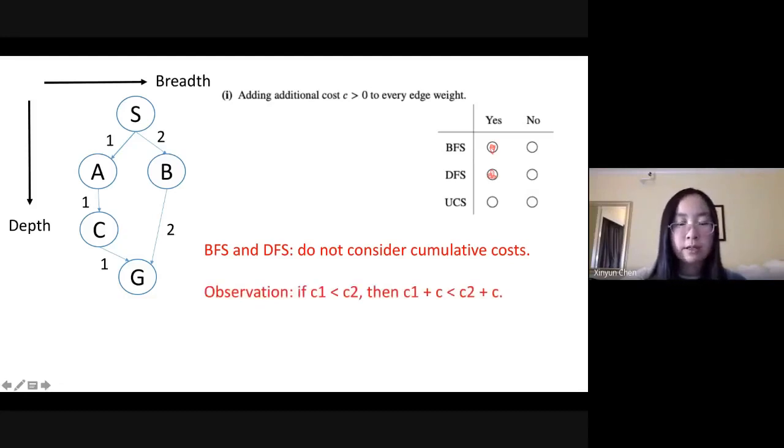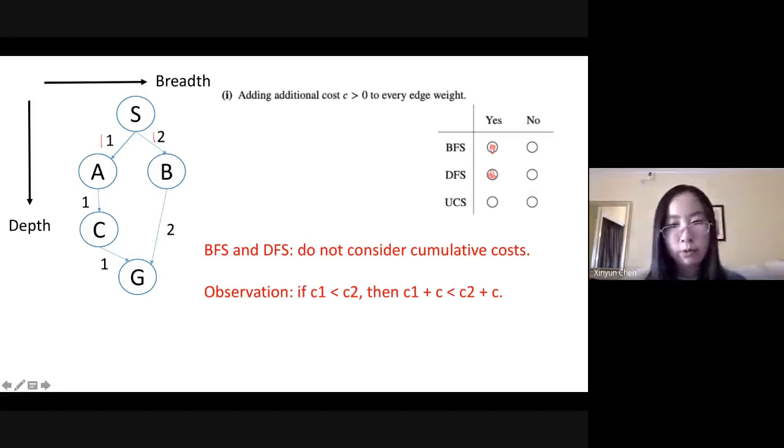Let's say C1 and C2 are the original costs of the individual edges. When we add the same constant C to them, the priority still holds. So if we change the costs from 1 and 2 to 11 and 12, we will still search the path from S to A first, because this order doesn't change. So for BFS and DFS, the answer is definitely yes in any case.